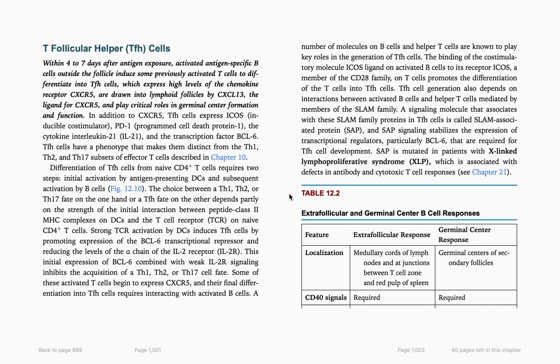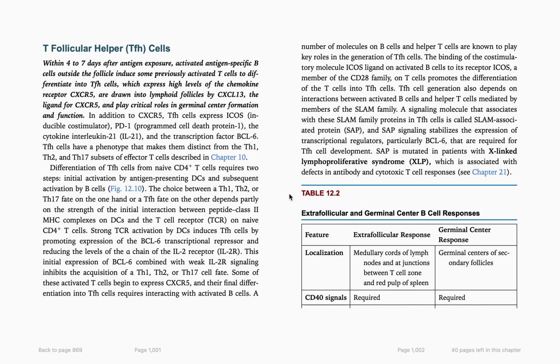This initial expression of BCL6 combined with weak interleukin 2 receptor signaling inhibits the acquisition of a T helper 1 to 17 cell fate. Some of these activated T cells begin to express CXCR5, and their final differentiation into T follicular cells requires interacting with activated B cells.